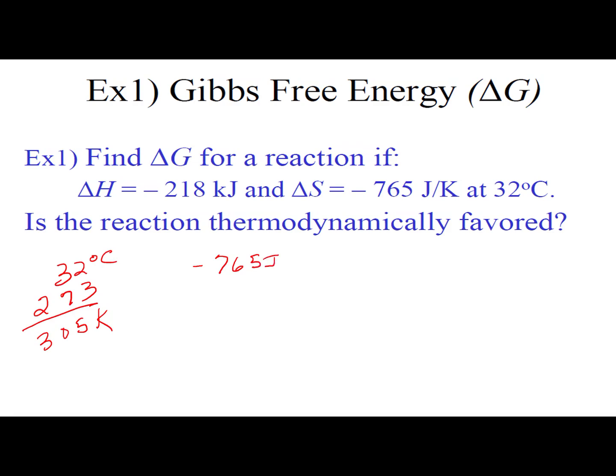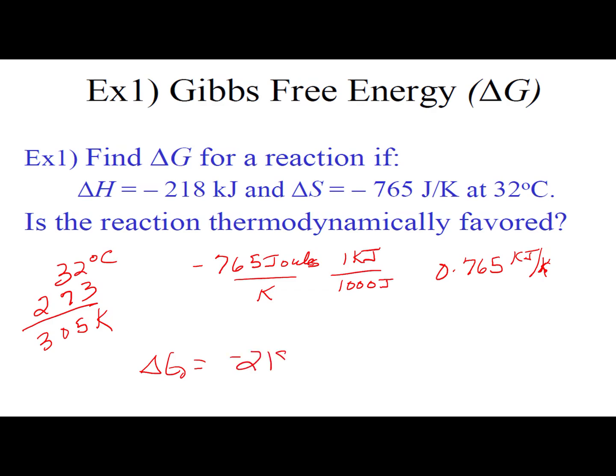Then we're also going to take our negative 765 joules per Kelvin, and there are 1,000 joules in 1 kilojoule. Using the calculator, that gives us negative 0.765 kilojoules per Kelvin. So our delta G will be equal to our delta H, which is negative 218. It's very important to keep track of your positive and negative signs.